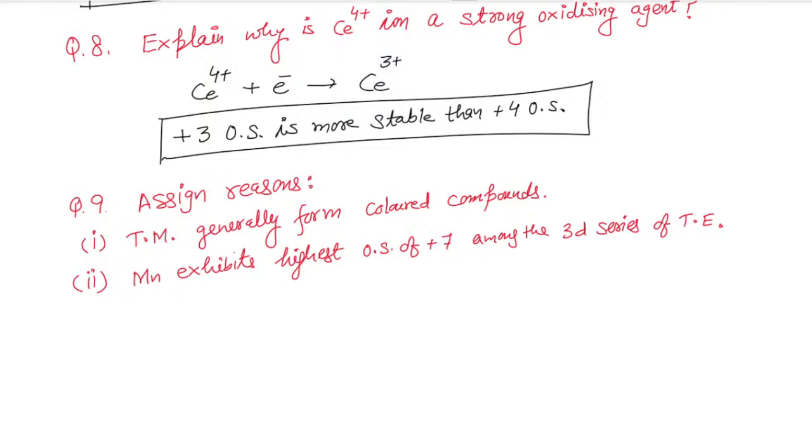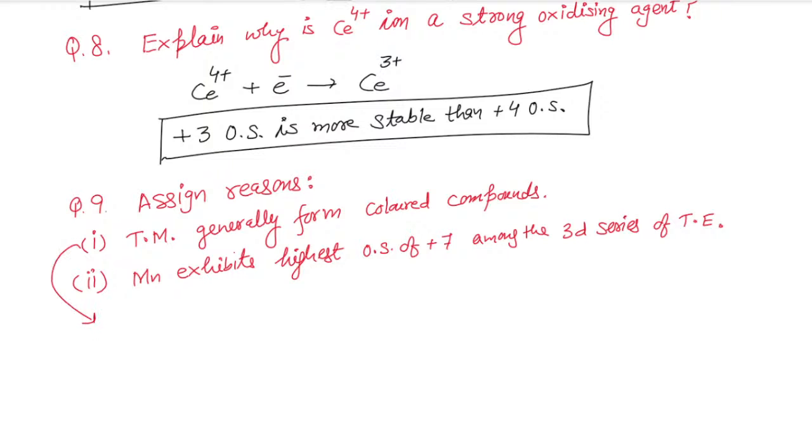Actually, all the lanthanoids we consider +3 as the highest, most stable oxidation state. Reason being, if more than 3 electrons are removed, energy required is very high, so that oxidation state becomes less stable. Okay. Transition metals generally form colored compounds. What was the reason?